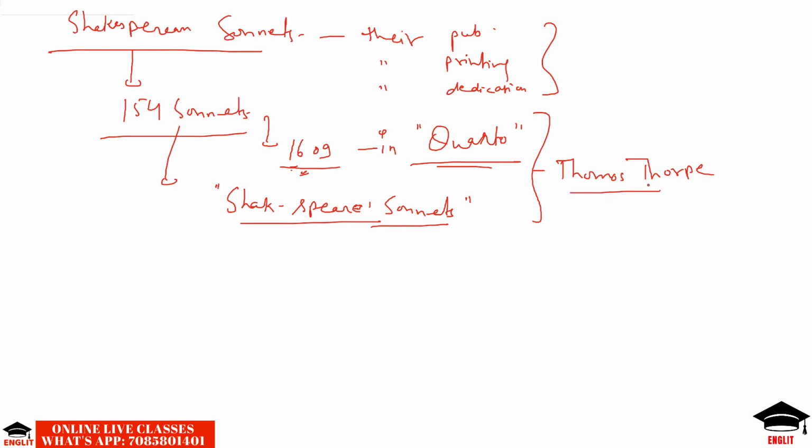Its dedication is also very doubtful and speculative. There are many assumed arguments about whom it was dedicated to. Many people assume that the sonnets were dedicated to Mr. W.H. This is mysterious, because no authoritative confirmation has ever been given as to who this W.H. was.